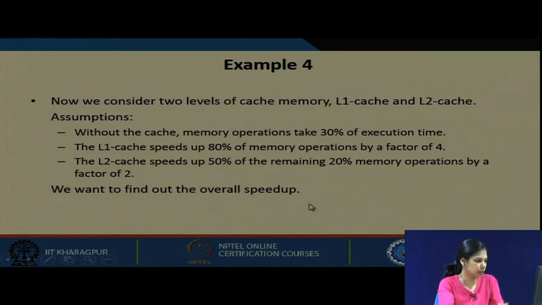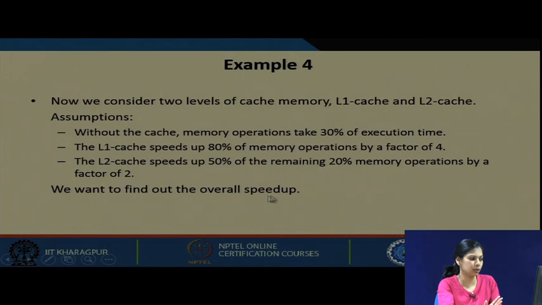When L1 cache is used, 80% of the memory operation is improved by a factor of 4, and when L2 cache is used, 50% of the remaining 20% of the memory operation is sped up by a factor of 2. So, L2 cache speeds up 50%.